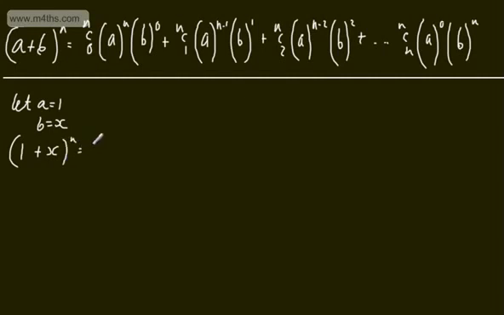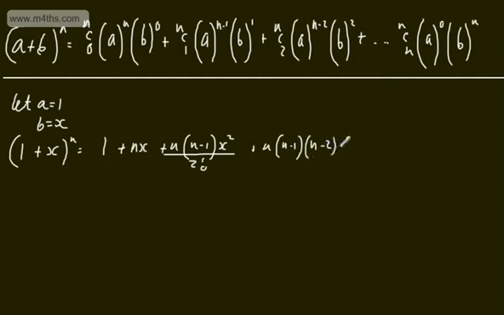If we do this, we get the result 1 + nx + n(n-1)x²/2! + n(n-1)(n-2)x³/3!, and we continue right the way up to the final term.